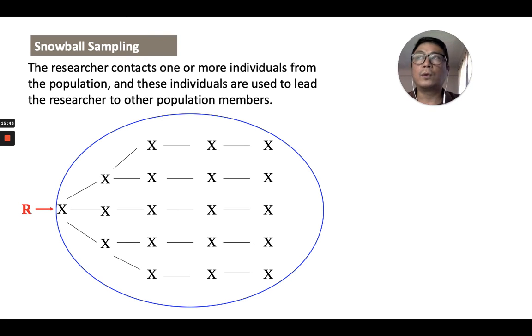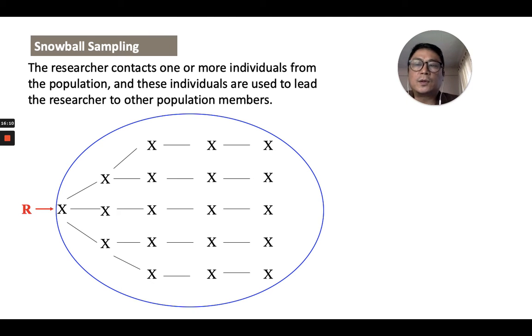Like, we don't know who the members of our population are. For example, let's say we were doing a study on surfers in the Philippines, and there is no record. There is no official association that lists their members as surfers.